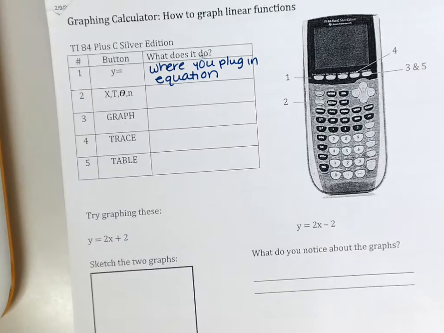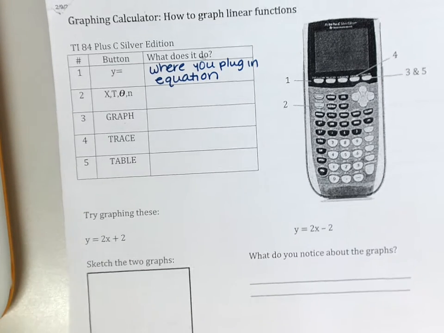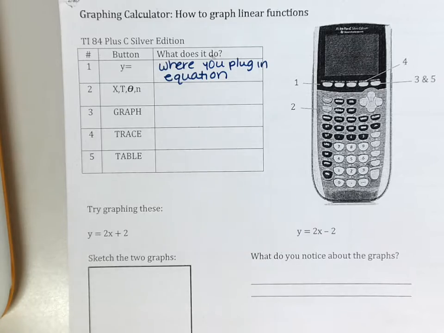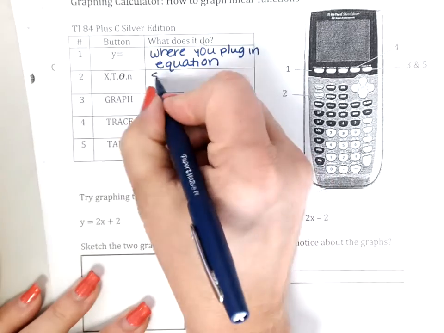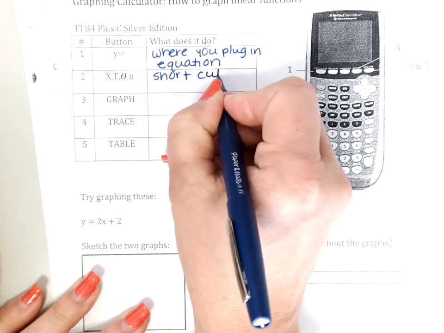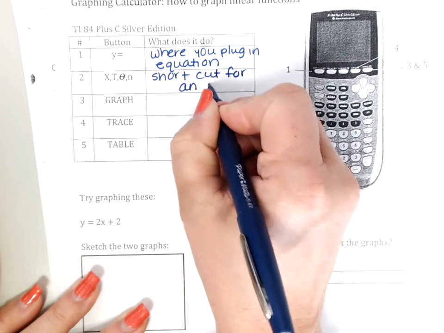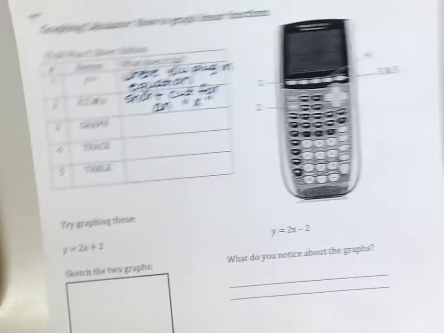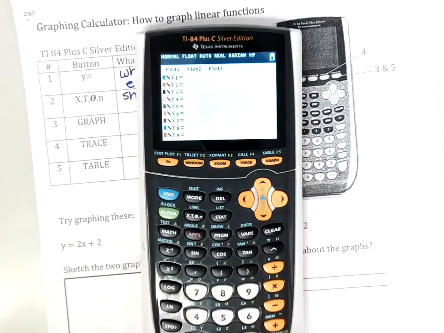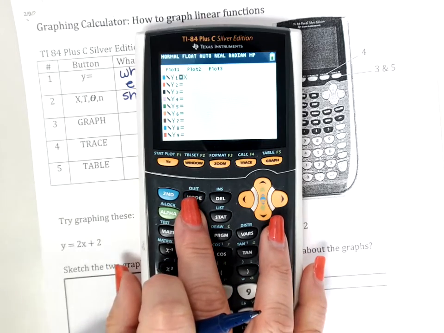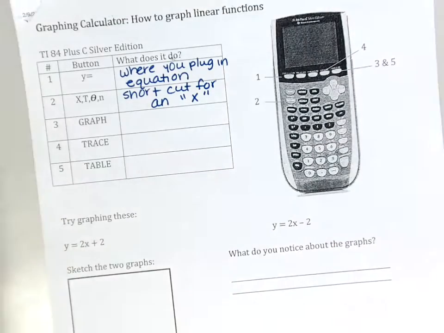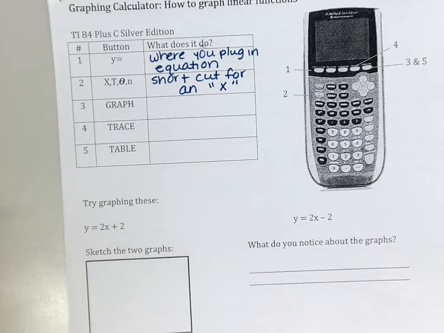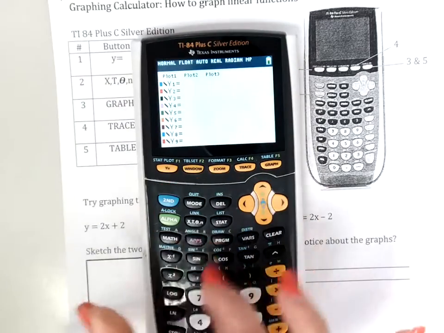That is a shortcut for an X, because you can type in letters using that green alpha button, and it would take 2 buttons if you wanted to press an X. This way, you only have to press 1 button to get the X. So if I have this and I press that button, see how it comes up with an X? I'll clear that out.